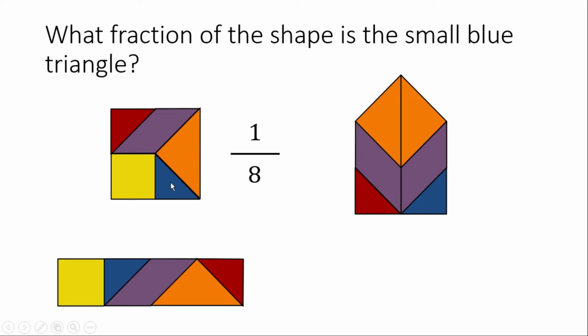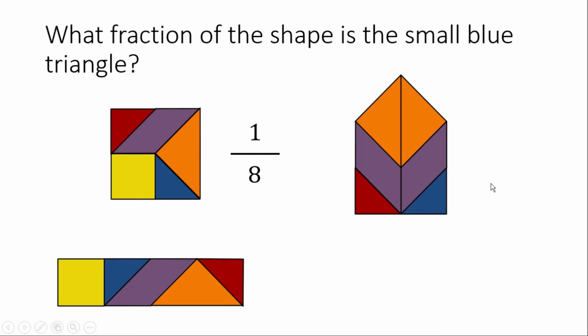Let's move over to the puzzle on the right. Well, again, we can divide these up. Let's look at the medium triangles. That's 1, 2 small triangles, 3, 4 small triangles. The parallelograms are also 2 small triangles, so 5, 6, 7, 8.